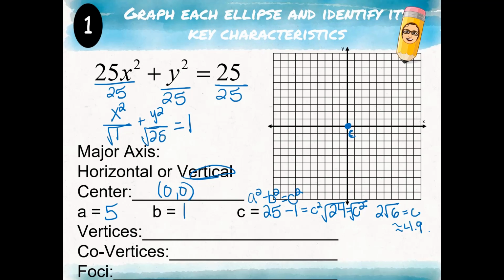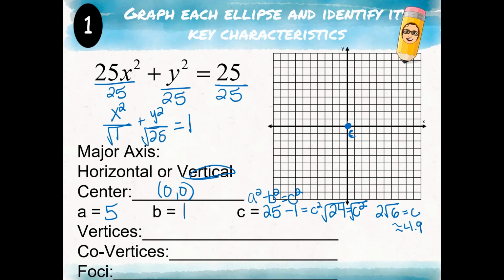Okay, now I have all the information. I have my A, B, my C. Now I just need to use that information to find the vertices, the co-vertices, and the foci. Now, remember, our A value is vertices to center. So I have 5. So that means my center to my vertices has to be a distance of 5. And since this is a vertical ellipse, I'm going to go up and down that value.